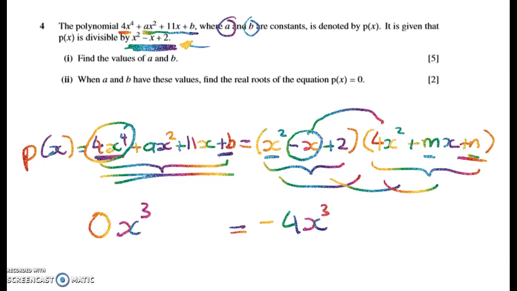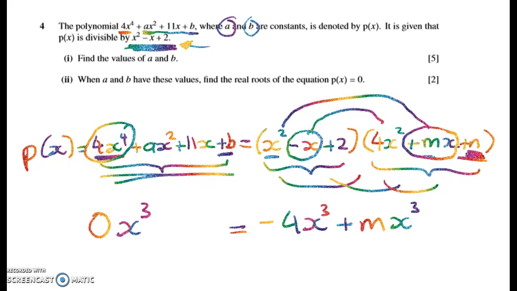And then I've got this one times this one, so plus mx cubed. Now, is there any way that this n here is going to combine to give me a cube? No, there's not, because the highest power I'll get there is nx squared. So there are just going to be those two terms.